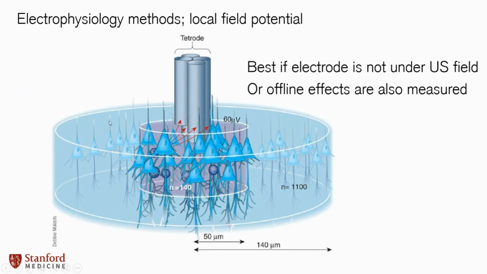It's really ideal if your electrode isn't underneath your ultrasound field, because you can still imagine that if ultrasound was pushing on this tetrode, it's going to move this around into different cell clusters, and you may actually get some artifactual response. Alternatively, if you only look at offline effects, so if you look at what happens after the ultrasound is delivered, then you're probably looking at something that's real.